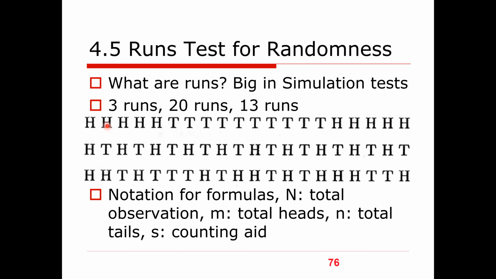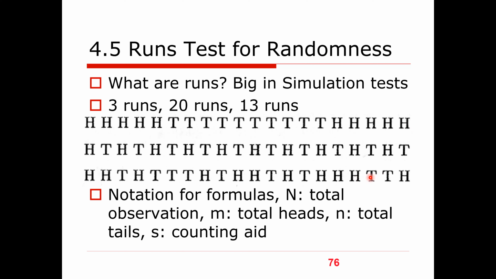So there are 3 runs in this sample. The second sample, we have 20 runs. And the third sample is 13 runs. So for a 20-observation sample, 13 runs make more sense than 3 runs or 20 runs, right?